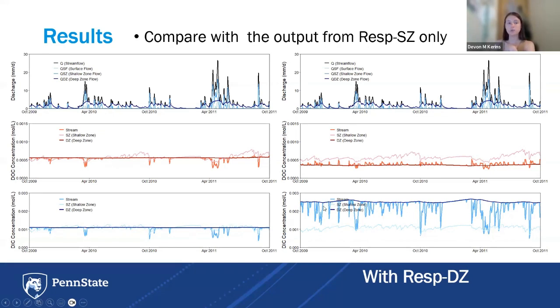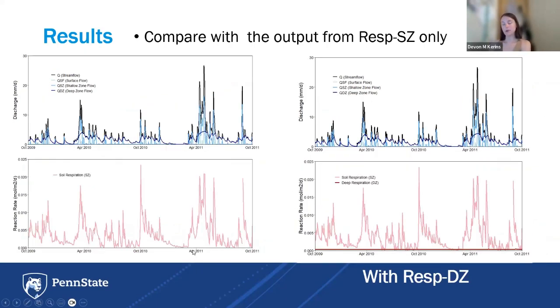This really gives rise to a more distinct flushing pattern, or sorry, dilution pattern for DIC, where we see when deep groundwater is dominating during the drier times, we see more of the deeper groundwater in the stream. Whereas when flow increases, we start to see a dilution of DIC more towards the shallow zone DIC concentrations. When we have higher flows, more contribution from shallow soil water.